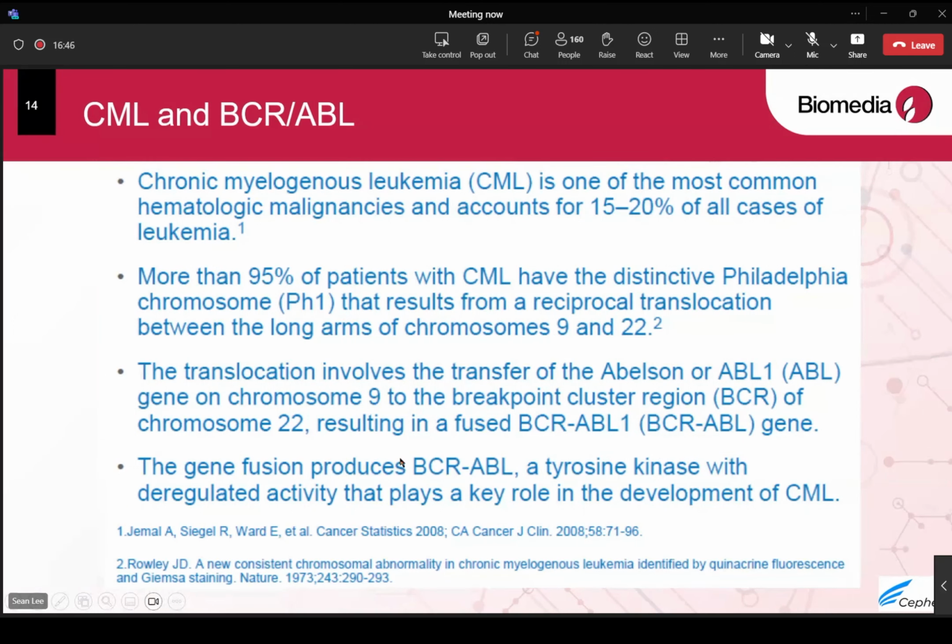This gene produces BCR-ABL, a tyrosine kinase with deregulated activity that plays a key role in the development of CML. Because of this, the leukemia white blood cells can keep growing. This is why you need a tyrosine kinase inhibitor to stop this.